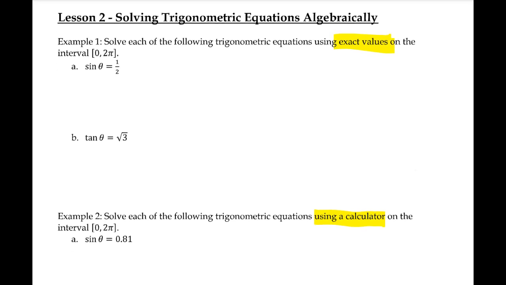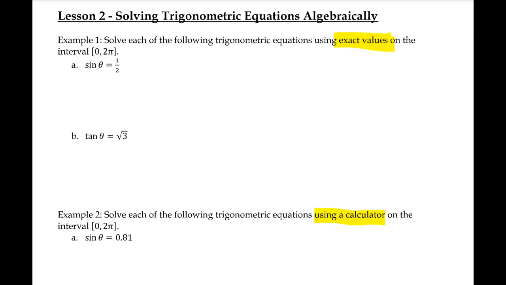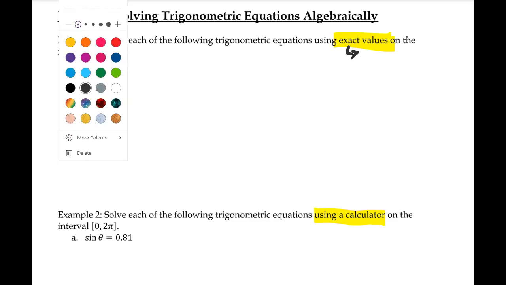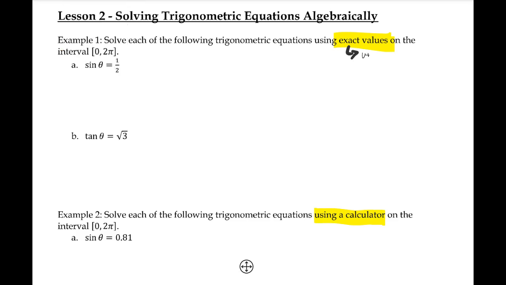So we'll look at example 1 to start. It says solve each of the following trigonometric equations using exact values. So again, that is implying that we're talking about the unit circle values and special angles.